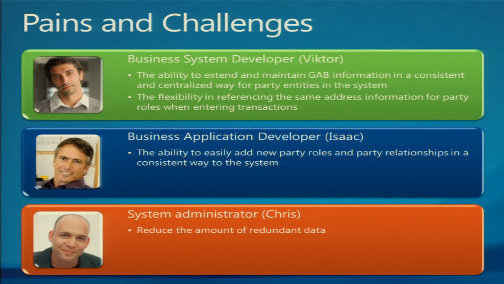So basically removing all that duplication of repeating the address information in transactions. We've also made it easy to extend the infrastructure to bring new party roles and party relationships into the system. And for a system administrator, same thing with data redundancy. We reduced that as well by normalizing GAB information into centralized shared tables.